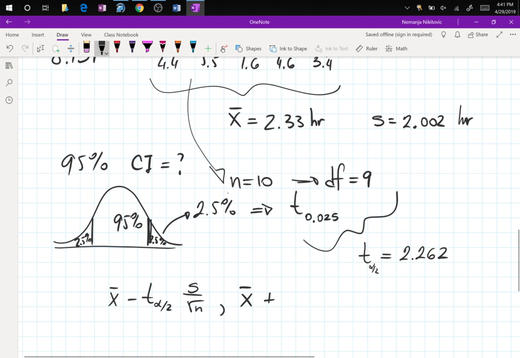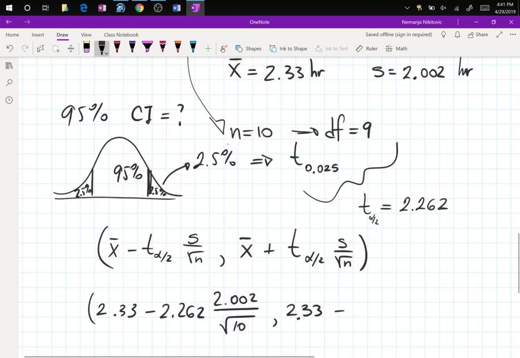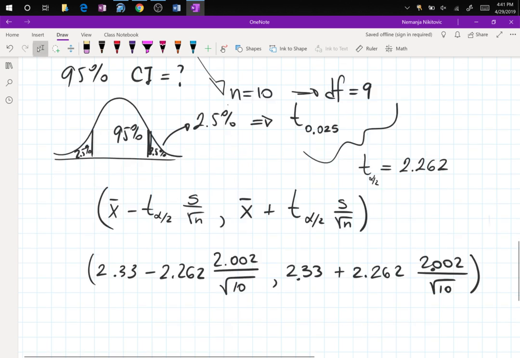I have my X bar, that's 2.33 plus minus 2.262. S is 2.002 divided by the square root of 10, comma, the same thing with the plus. Now you take your abacus and you calculate this.